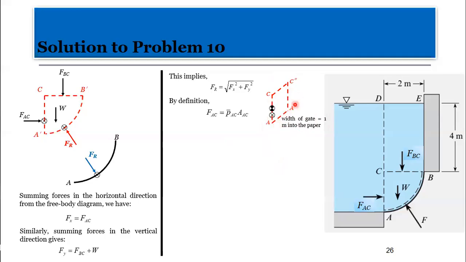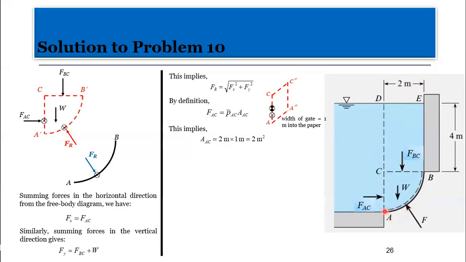This implies that my area is simply 2 times something. Where does the 2 come from? The height here, how do we know it's 2? We know it's 2 because it's more or less like a radius from here, which they gave as 2 meters. So the measure from C to B is 2 meters.